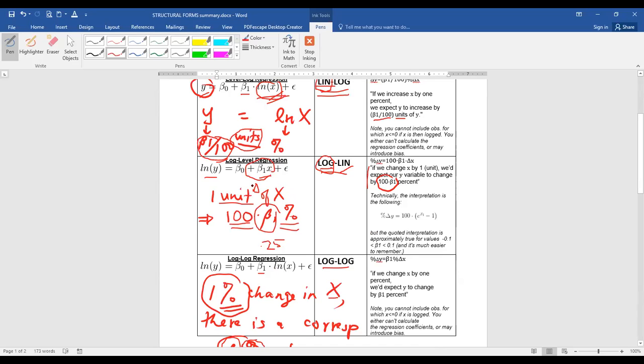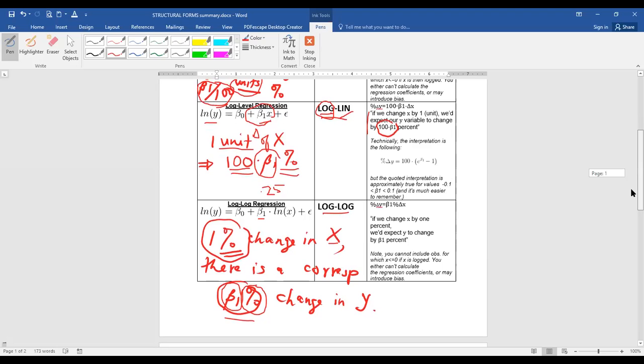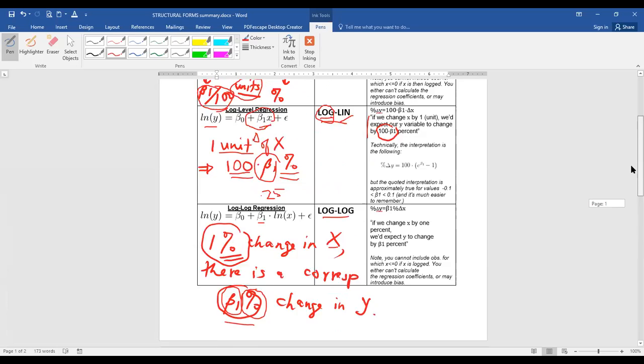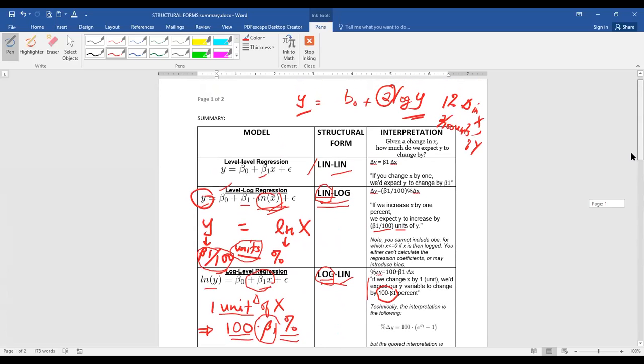Kunyari, kung 2 ito ulit, ang mangyayari dyan, 100 times 2%. So, that's 200% change in your Y. Okay? Any questions? None, sir.